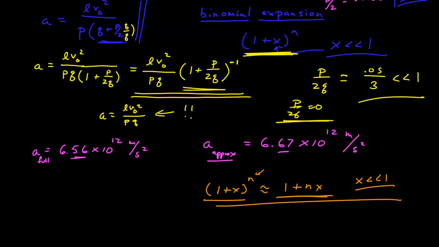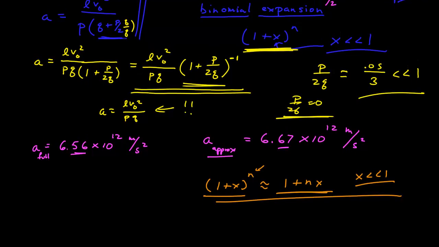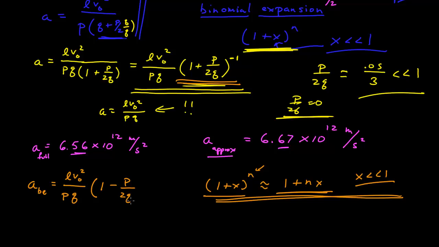Applying that, I can come up with another, better approximation for my full expression using the binomial expansion. My binomial expansion approximation is now equal to L v naught squared over pq times 1 minus p over 2q.